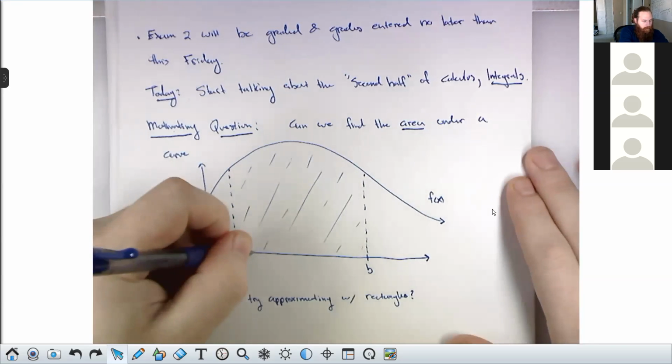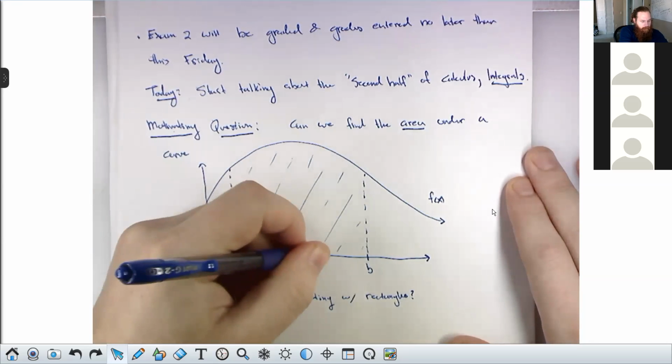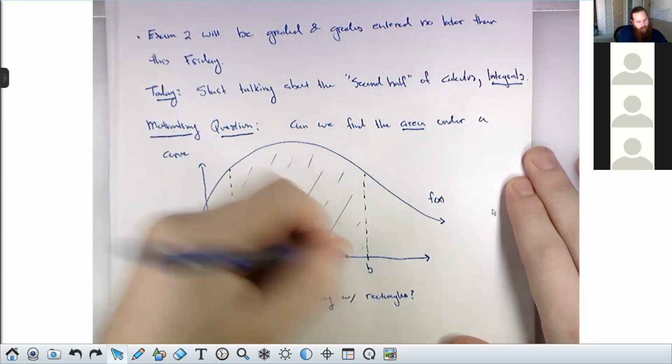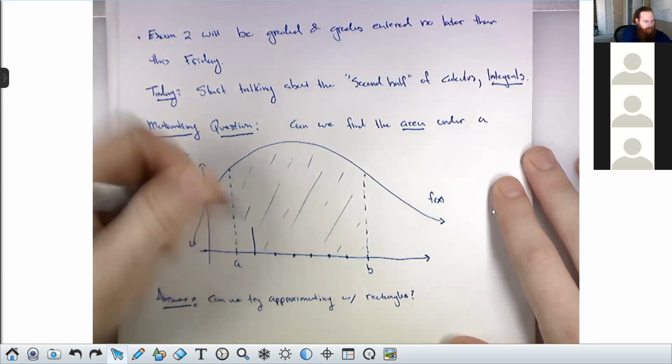So what I mean by that is I'm going to chop this interval up into a bunch of little pieces. And then in each piece, I'm going to draw a rectangle.